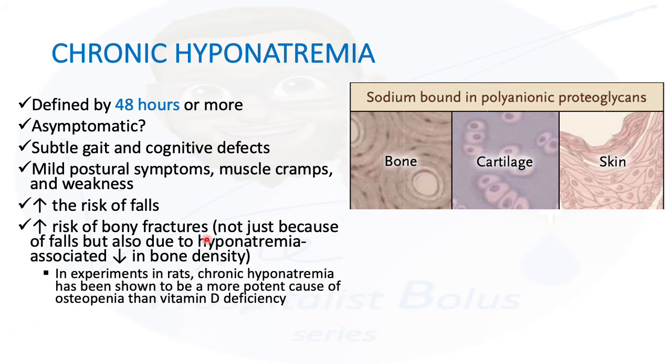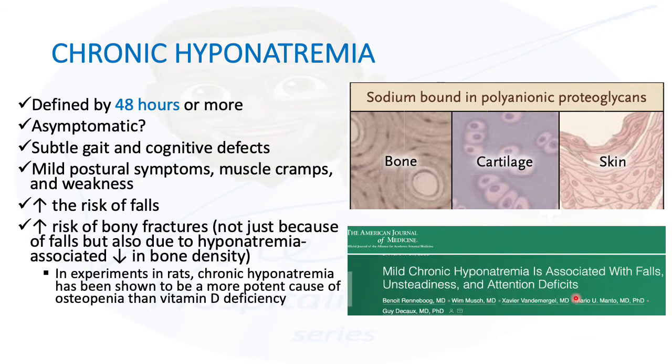In fact, in some experiments in rats, they found that chronic hyponatremia has been shown to be a more potent cause of osteopenia than a vitamin deficiency. So, whether that applies to humans or not, we don't know, but it makes sense because, again, if you notice, there are a lot of musculoskeletal symptoms associated with chronic hyponatremia. And there's actually a nice article about that if you want to look it up.